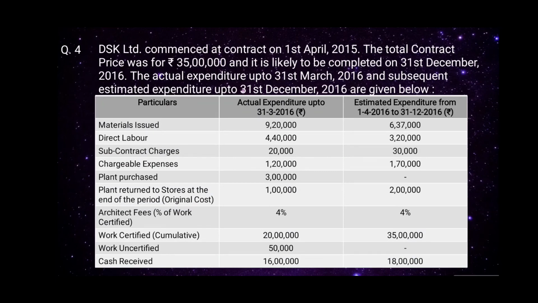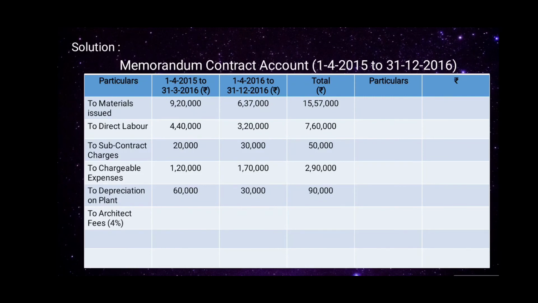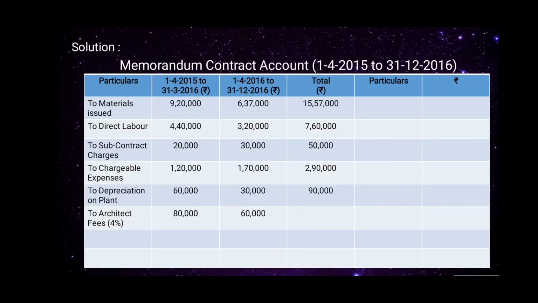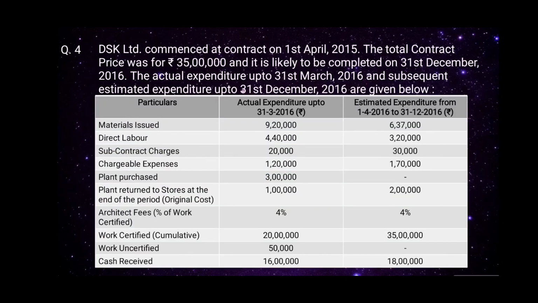Next is architect fees. So the architect fees, which is 4%, amount will be 80,000 and 4% for estimated expenditure, that is 4% of 35 lakhs, which will be 60,000. So the total amount will be 1,40,000. Next is the contract price was rupees 35 lakhs.